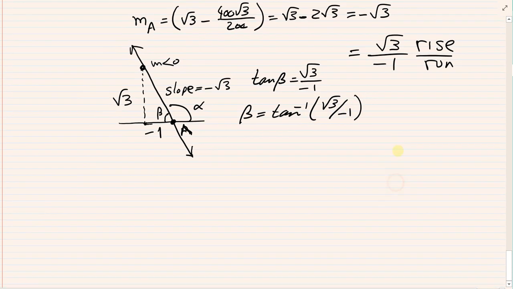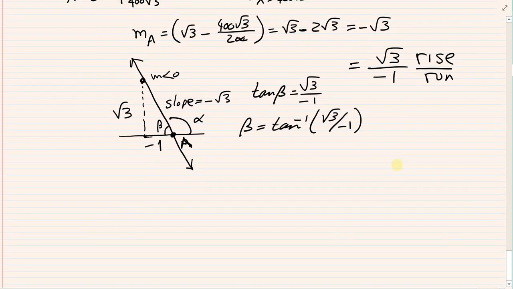Now, this is going to be a special triangle. Again, we just did it up earlier for part A. This is your 1, 2, root 3 triangle, right? So beta turns out to be negative 60 degrees, because tangent is negative.